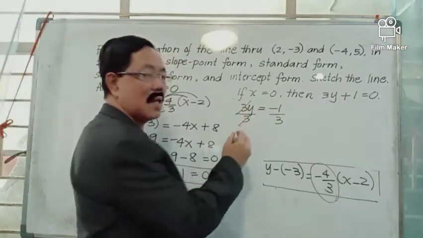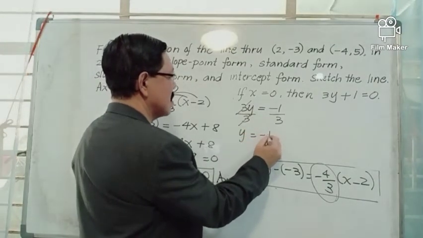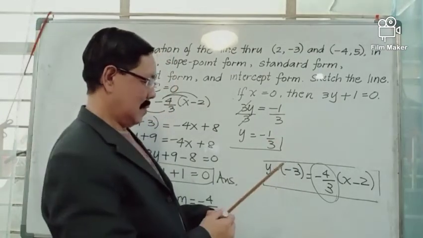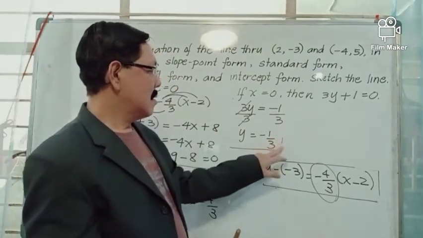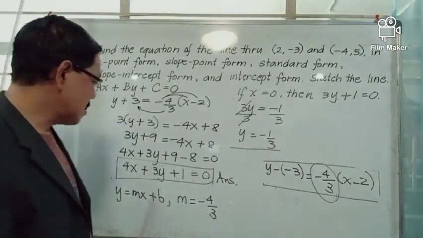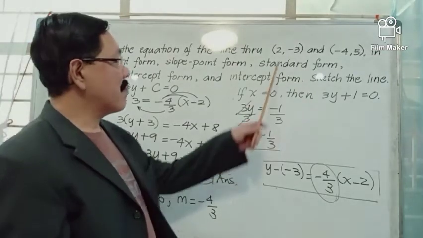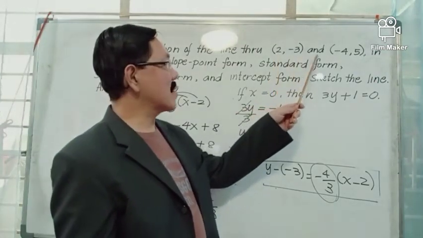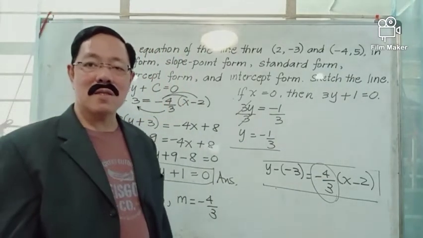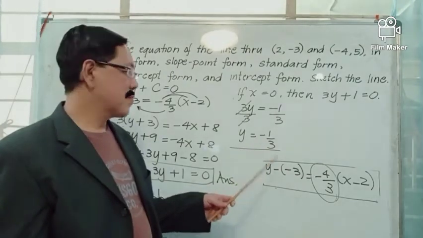And 3 will cancel out from the left side, we get y equals negative 1/3. The line with this equation 4x plus 3y plus 1 equals 0, and passing through the points (2, -3) and (-4, 5), will pass through the y-axis at y equals negative 1/3.